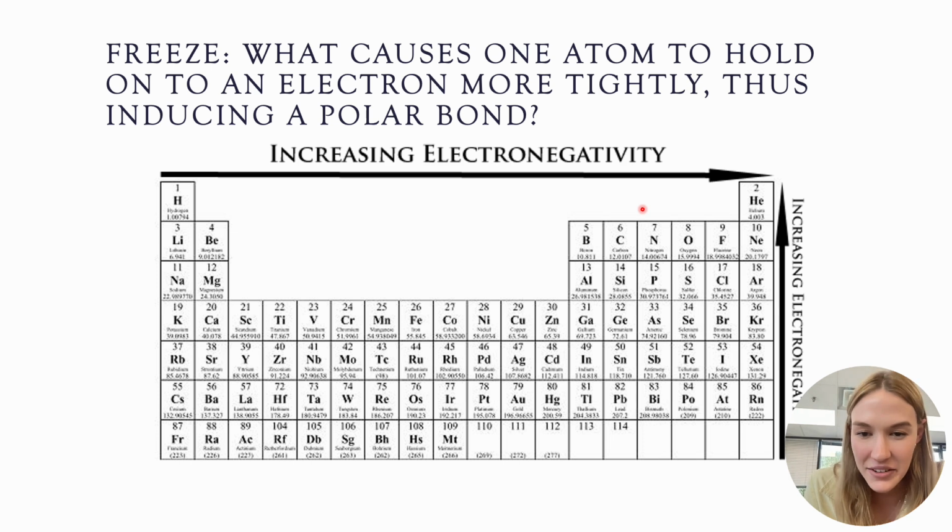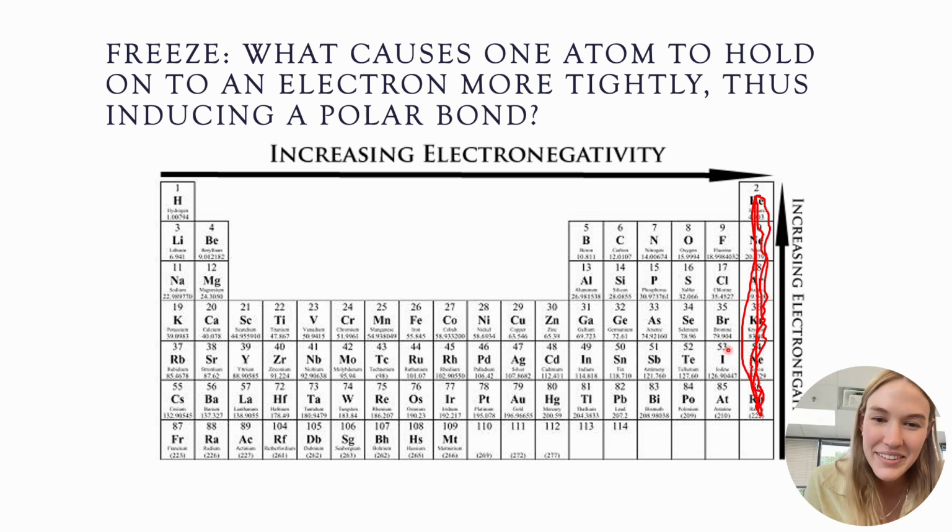But what I can tell you is that aside from the noble gases, we would just exclude this. We don't even want to look at the noble gases. Go away. Not useful for us because they're not reactive. They already have a full valence shell, but again, we don't need to know that. So aside from them, we have increasing electronegativity going to the right.